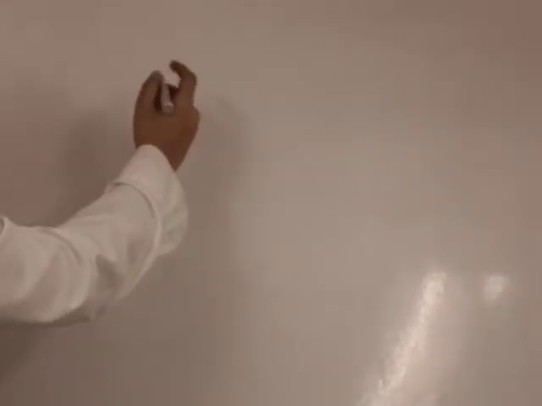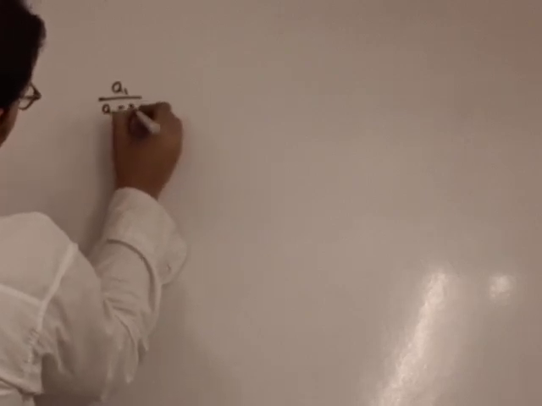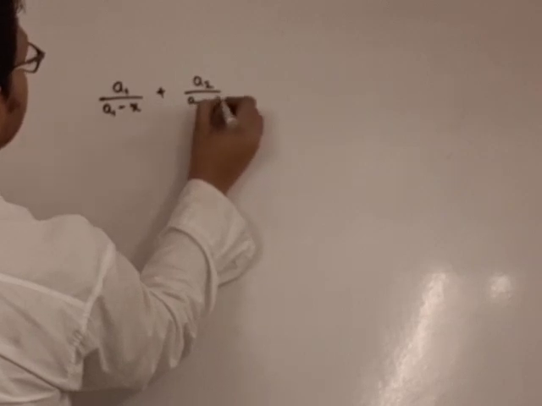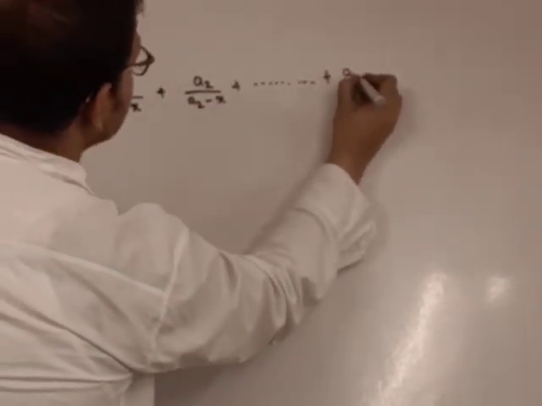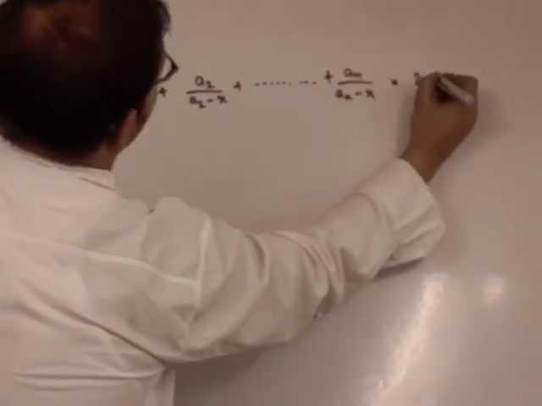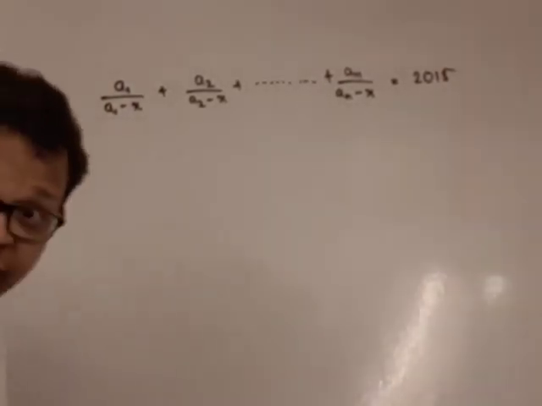So, what was the equation? So, this was our equation. What does the problem say? We need to prove that this has n real roots and the a_i are positive reals.